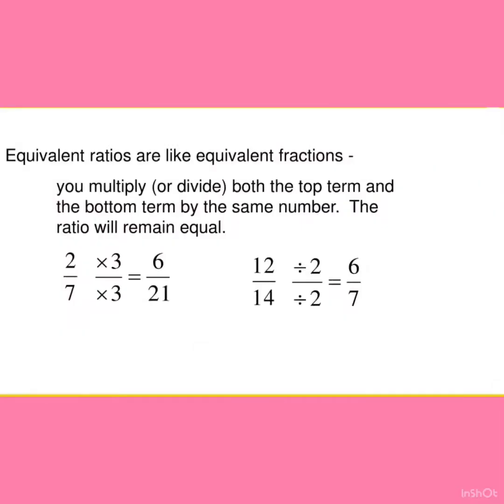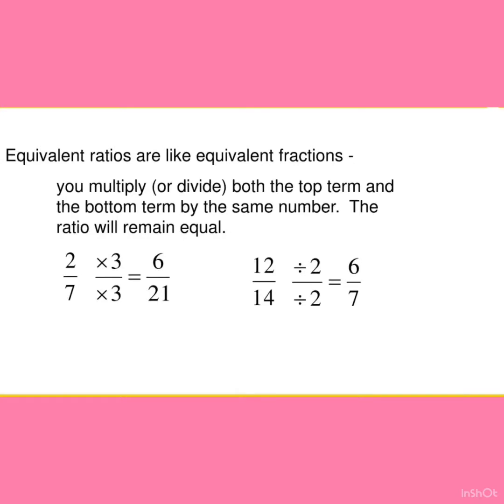Next is equivalent ratios. Like equivalent fractions, we can express a ratio as equivalent ratios after multiplying or dividing both the top term and bottom term by the same number. Like here you can see, if we multiply 2/7 by 3/3, we get 6/21, that is equivalent to 2/7.